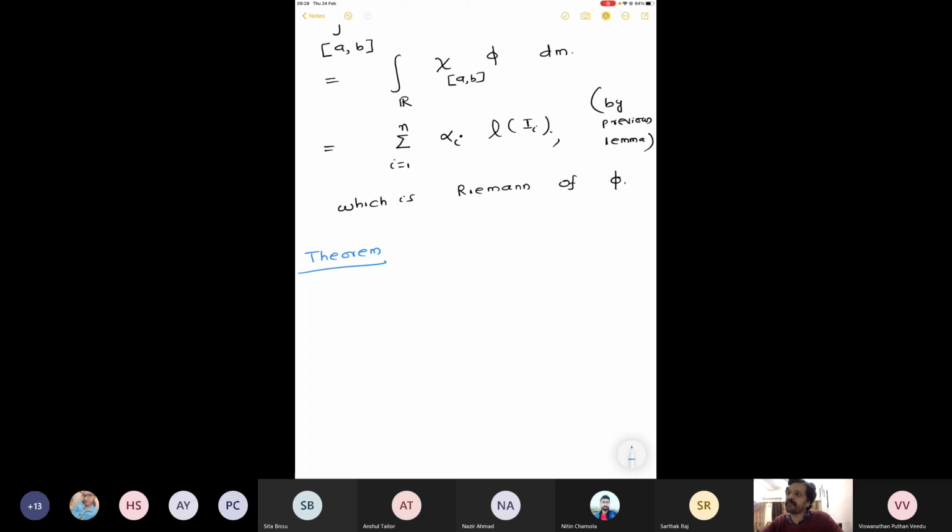So these types of properties you have to first verify for simple non-negative functions. That is our next aim: some theorems which will tell you that the integration you have defined so far is well behaved with respect to summation, with respect to multiplication with a constant, and so on.